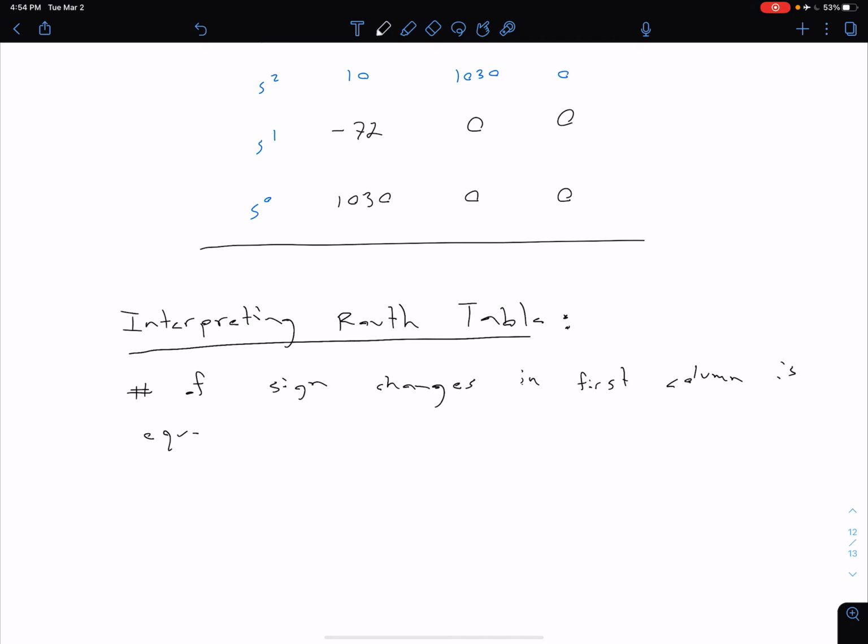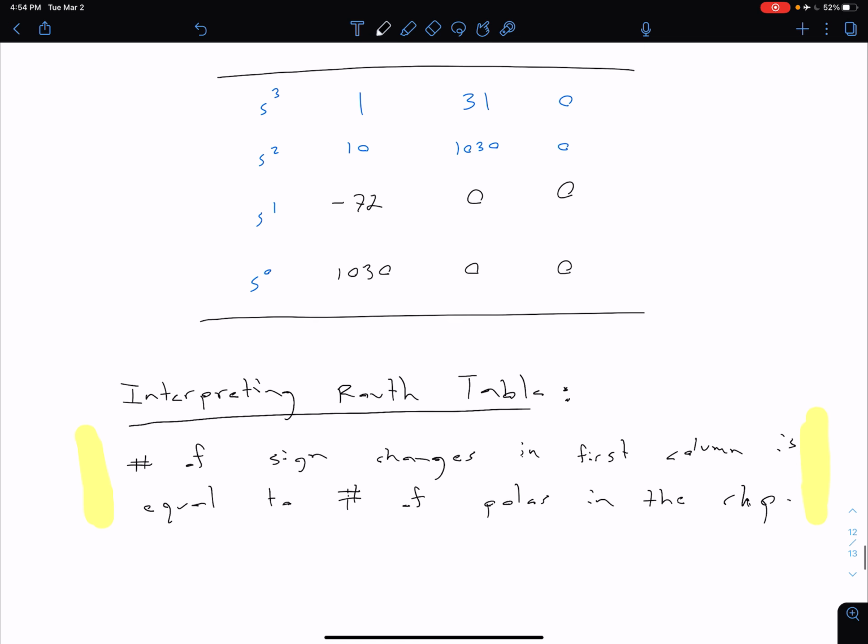And so that's very important. So we'll highlight that. That's important to know, of course, how to interpret this Routh table.